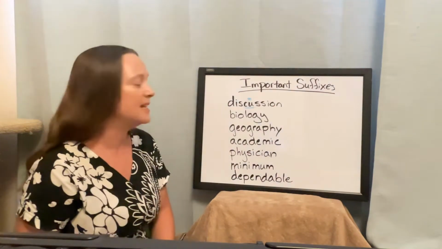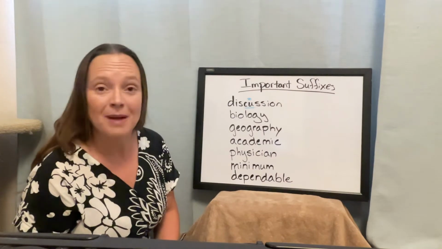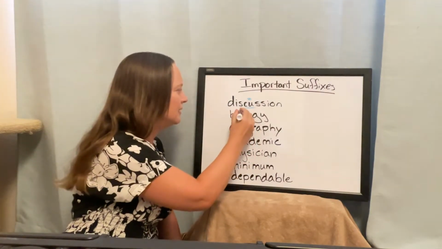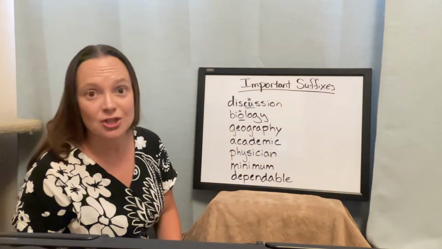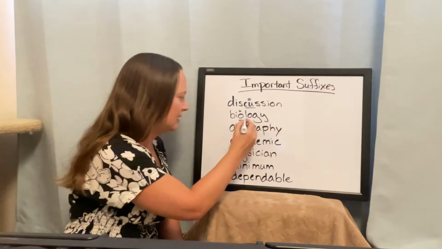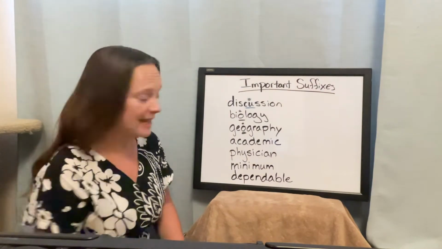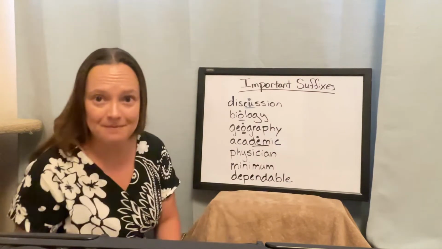For example, the next word, biology. Stress on the "ol," good. How about the next one? Geography, on the "og," okay, good. Academic, you should have heard stress on the "dem," good.